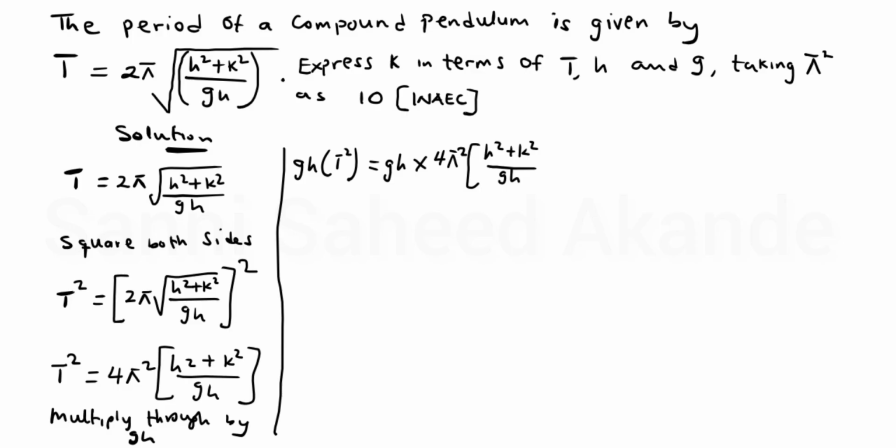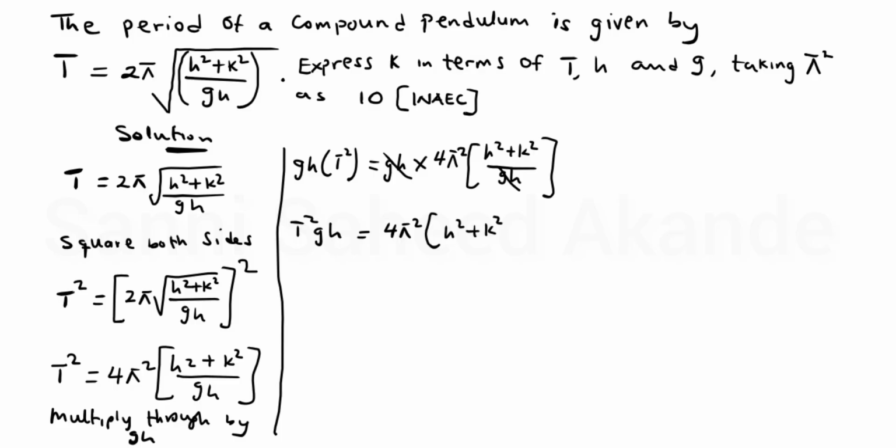Okay, so this gh will cancel this gh. We are now left with t squared gh equal to 4 pi squared times h squared plus k squared.